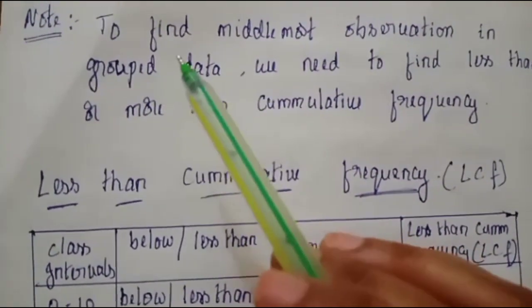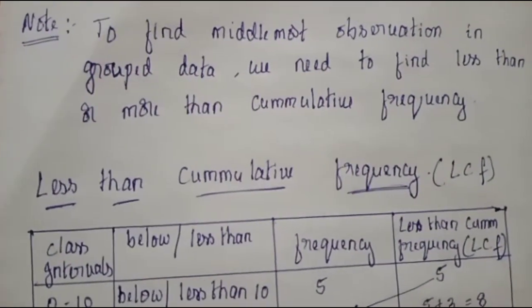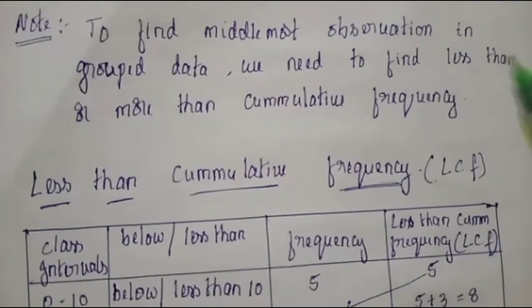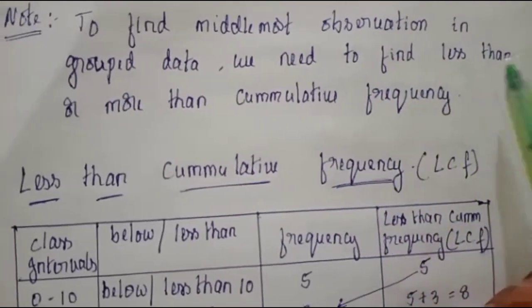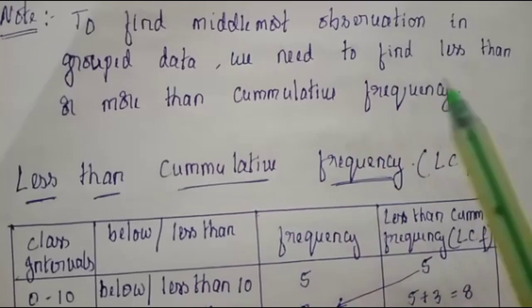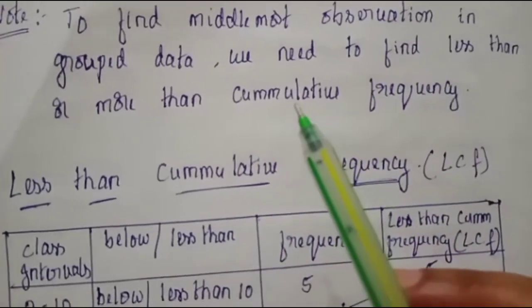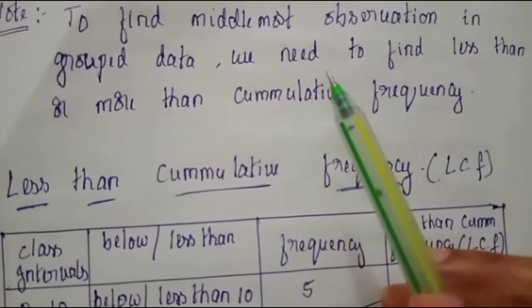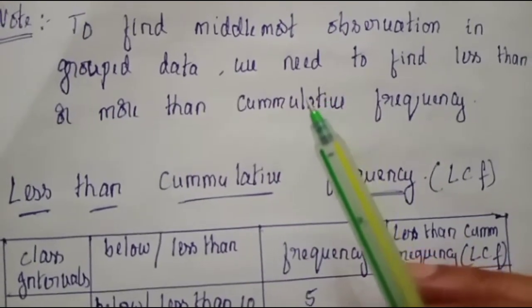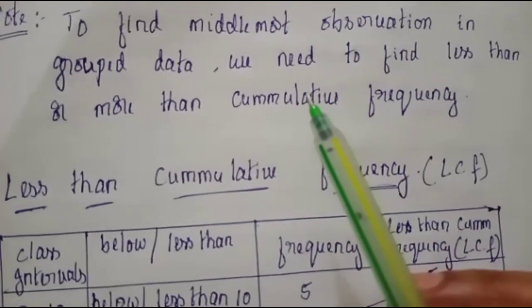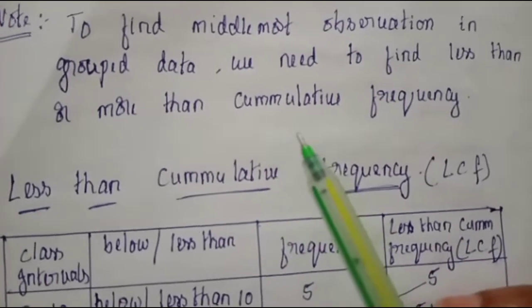Note that to find the middlemost observation in grouped data, we need to find less than or more than cumulative frequency. In ungrouped data, as I explained before, when the number of observations is odd, we get one among the odd number of data.